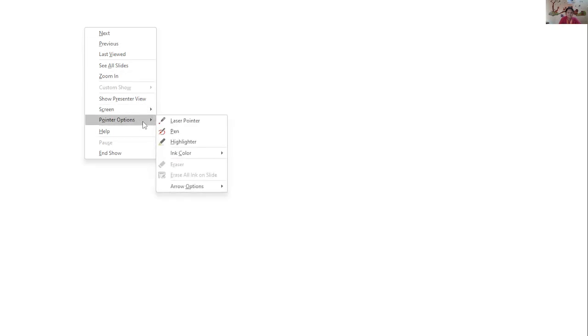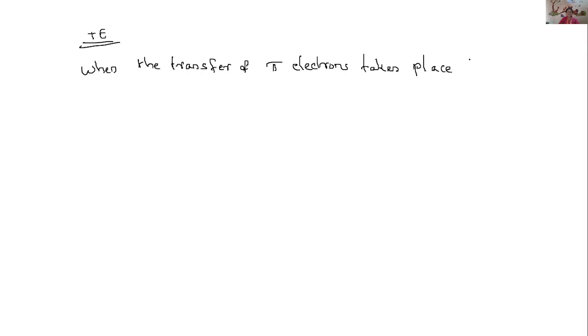First of all, we can think about plus E effect. Plus E means when the transfer of pi electrons takes place towards the attacking reagent, it is called a plus E effect.